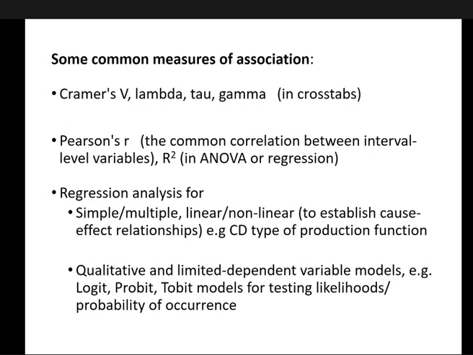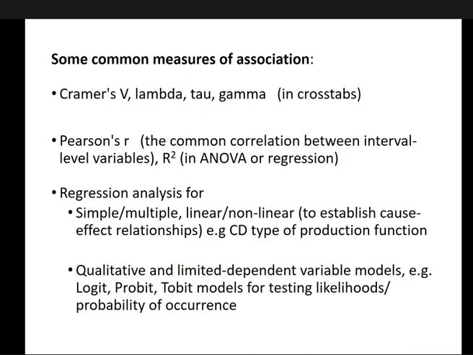So take time and read through those two documents. And some of these common measures of association are well explained in those notes. The Cramer's V, the lambda, the tau, the gamma, as used in cross tabulations. You'll find them in that document.